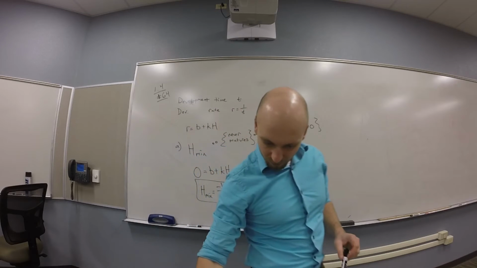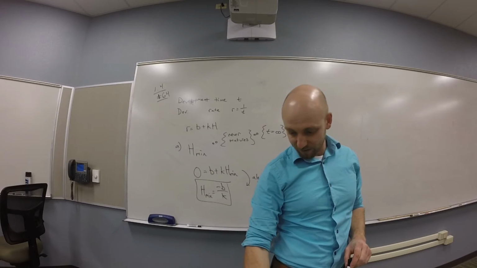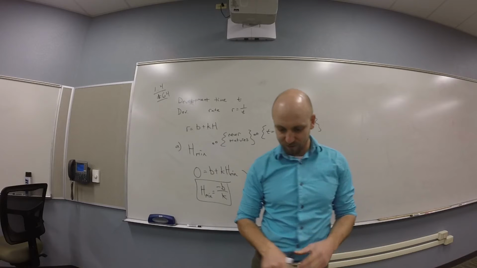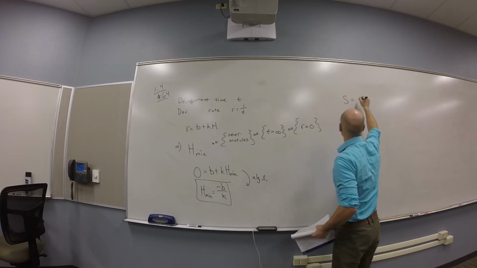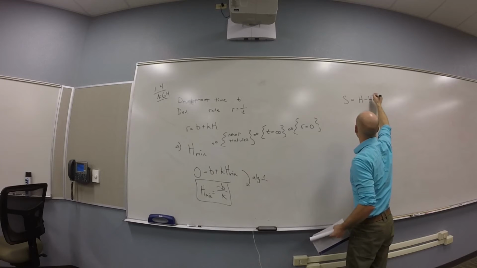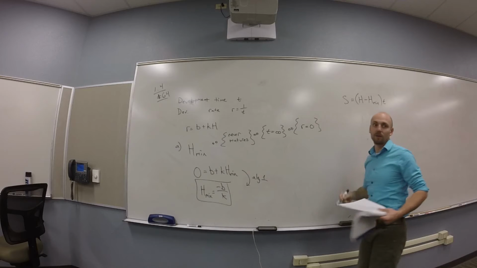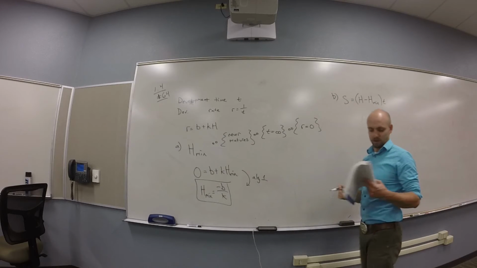Okay, what's part B say? B says define S as h minus h min times t. Don't think I'm magicking this, I'm just literally reading it out of the book.